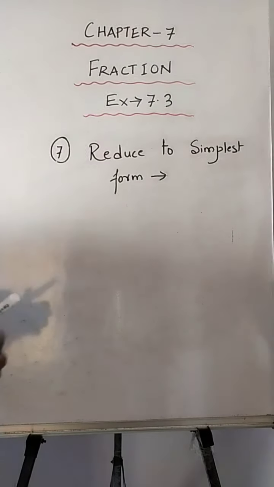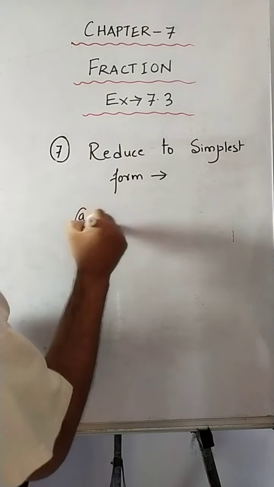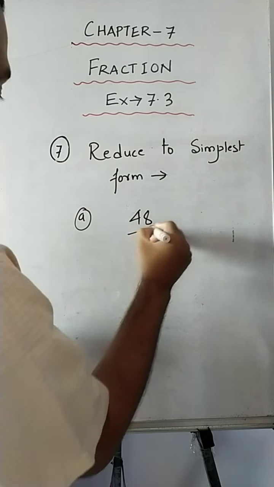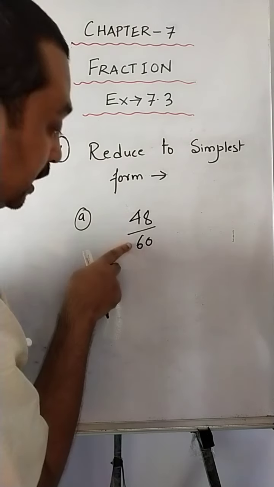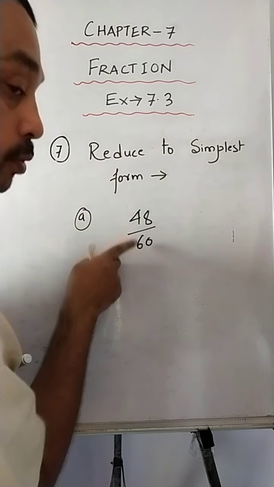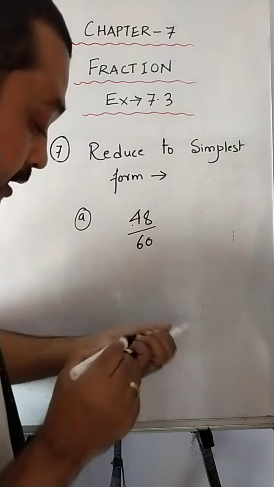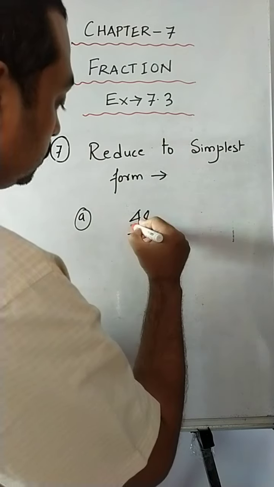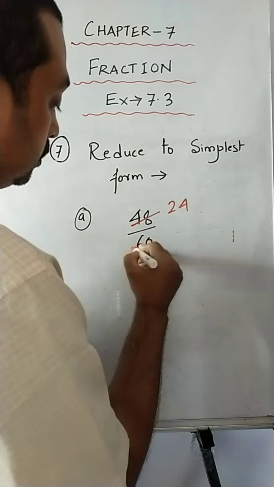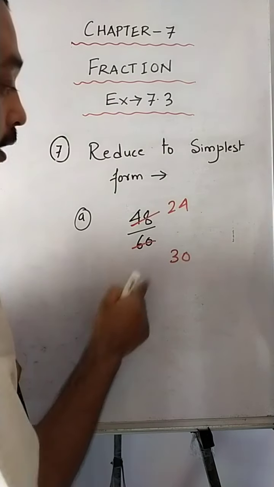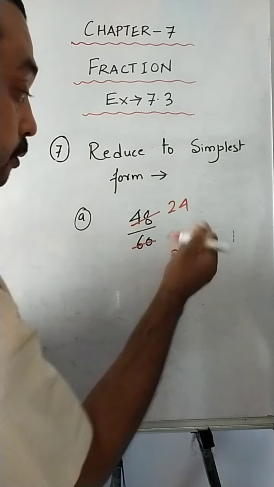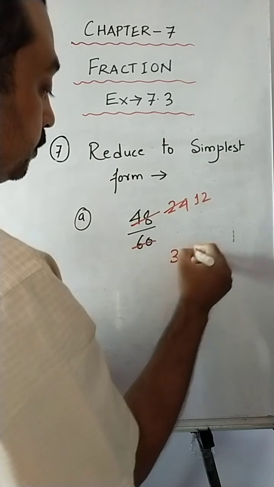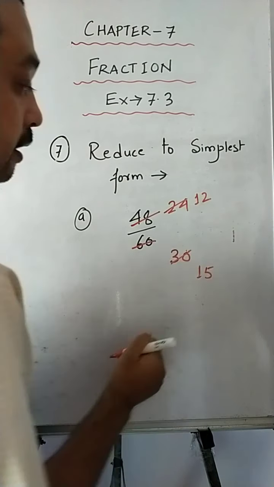It is given 48 by 60. Now 48 by 60 is not in the simplest form because they are sharing not only 1 as a common factor but also 2. So let us reduce these two numbers with 2. 24 by 30. Now again this is not in the simplest form because these two numbers can be reduced by 2. 12 by 15.